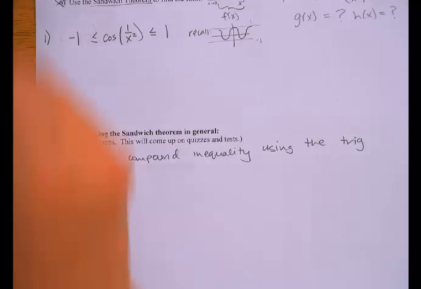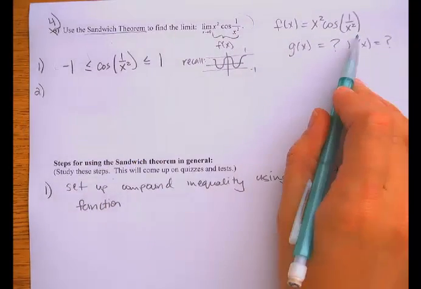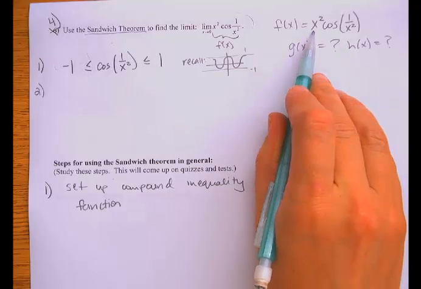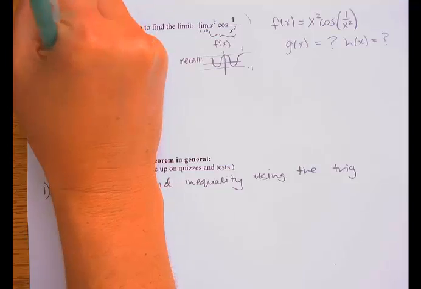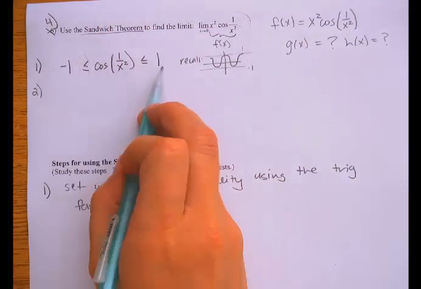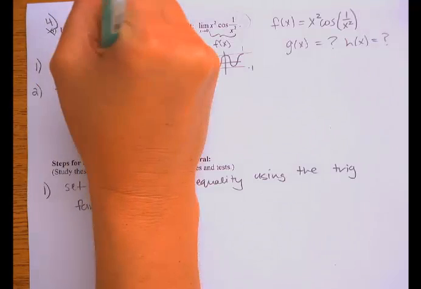Okay, the second step then is I want to make this middle part match whatever f of x was. And I notice f of x is also being multiplied by x squared. So I'm going to take my original inequality in part 1 and multiply everything by x squared.